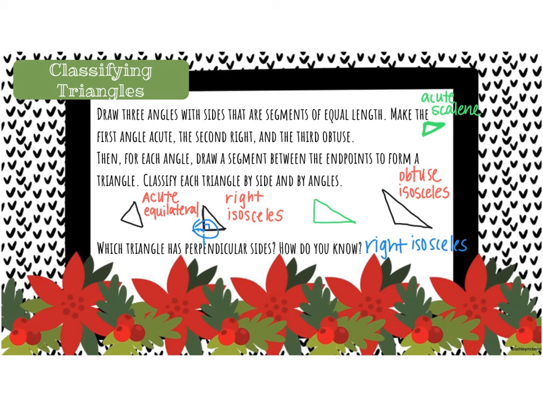Do I have 2 sides that are equal? Okay, based on its angles, what type is it? Right. I have my green one right there in the middle. So I have a right angle. So this is a right, and it's a scalene because all of the sides are different lengths.